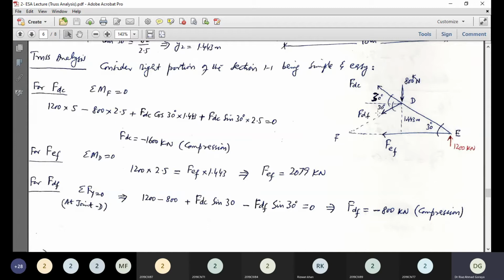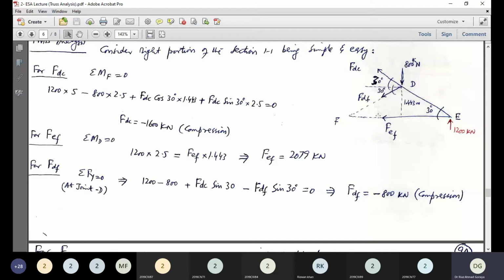Then the third one, FDF. As I have told you in the last problem, you have the choice whether you proceed through sigma Fy equal to 0 or through the moment center approach. So in this problem, we proceed through sigma Fy equal to 0.